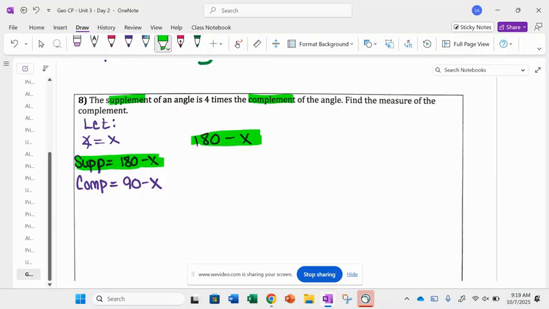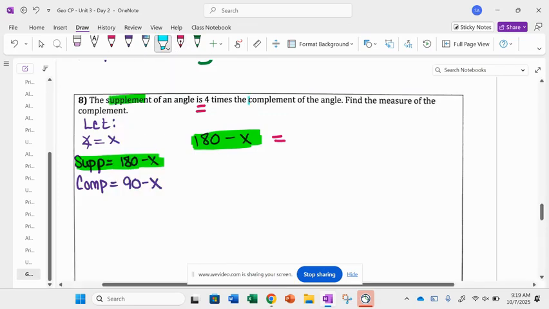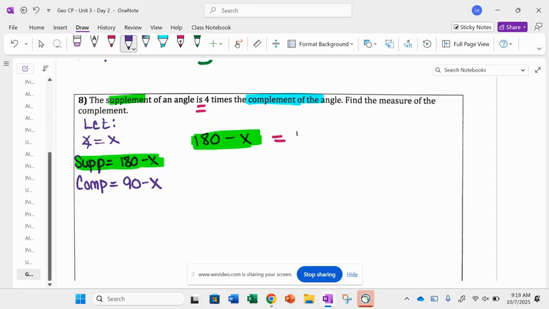The supplement of an angle is, which means equals, 4 times the complement. Well, according to our let statement, what did we say the complement was going to be written as? 90 minus x. So we're going to do 90 minus x in those parentheses. Find the measure of the complement.